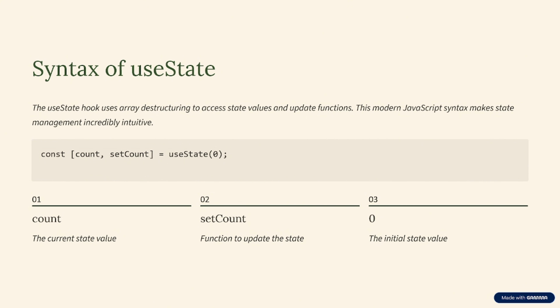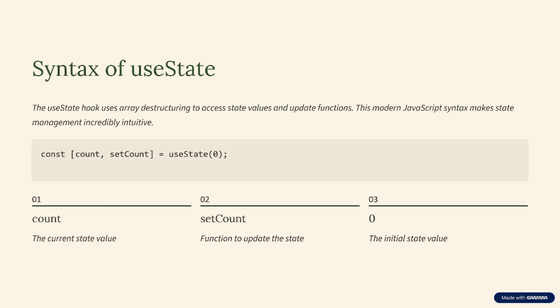And then we have the syntax of useState. We can look at the screen to see how we can use this. The useState hook uses array destructuring to access state values and update functions. This modern JavaScript syntax makes state management incredibly intuitive.